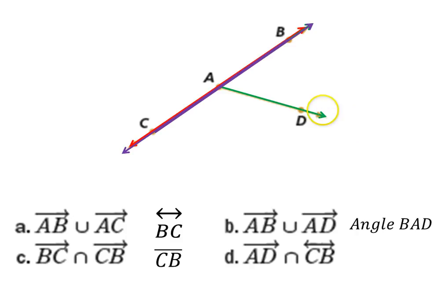And I'm not going to do the colors here because we have too many colors going on at this point. But what these 2 have in common is just the point A. This line right here, CB, and the ray AD, what do the purple and the green have in common? The only place that they intersect is point A. So that is the intersection of ray AD and line CB.